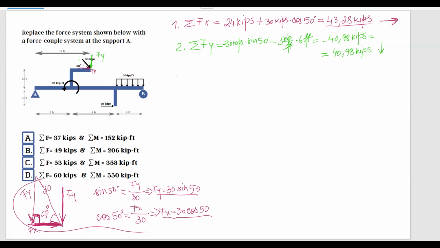And number 3, what we're going to do is sum of moment about point A, because we are asked to come up with the couple moment about point A equals.